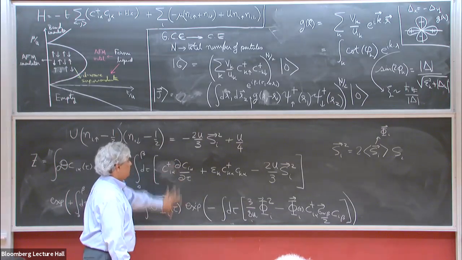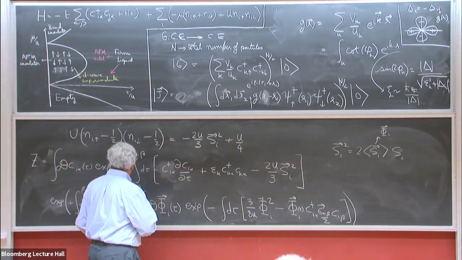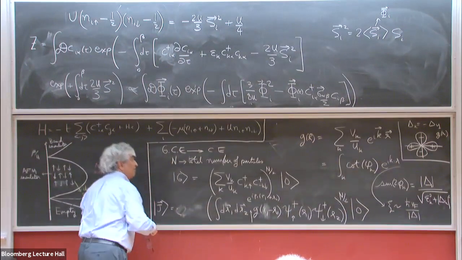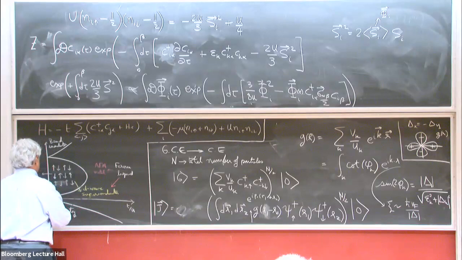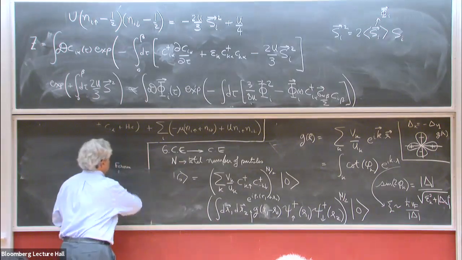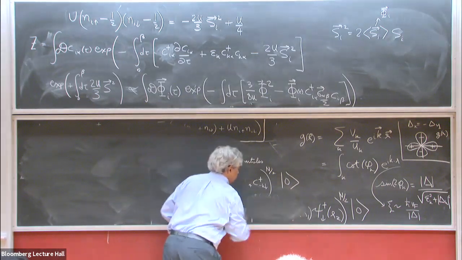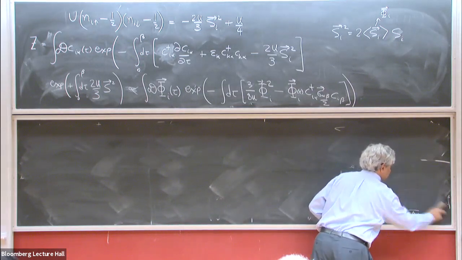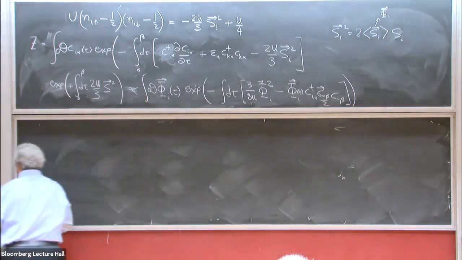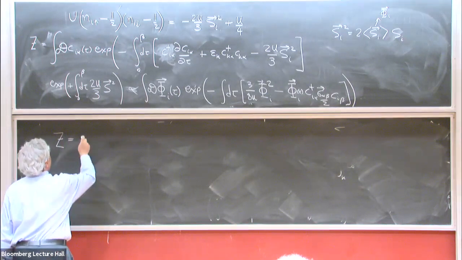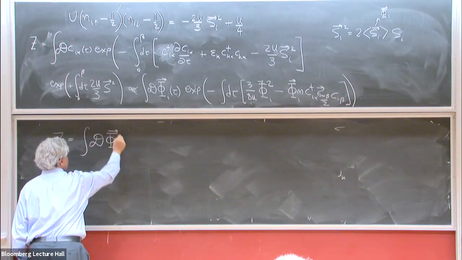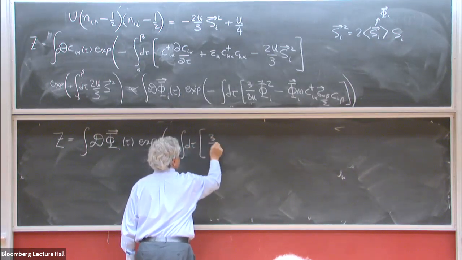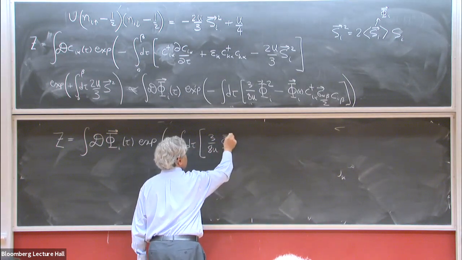In any case, I can just rearrange these two terms and write the following action for the path integral for Z. Without any approximation yet, I'll just interchange the order of integration: integral d phi_i(tau), exponential of minus integral d tau, 3/(8u) phi_i squared.